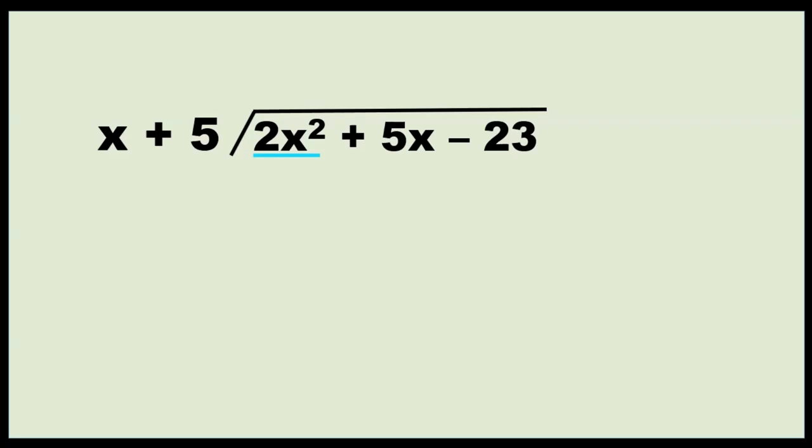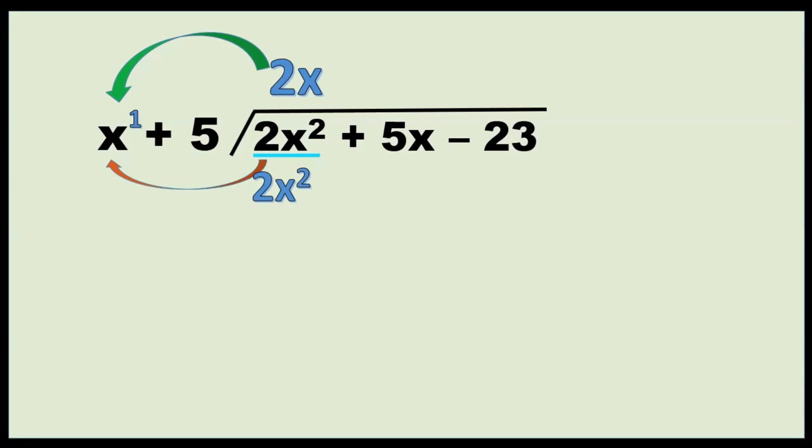Let's focus on the first term, which is 2x squared. 2x squared divided by x is 2x. We subtract the exponents: the exponent of x is 1, so 2 minus 1 is 1. The next step is to multiply 2x times x, which is 2x squared.